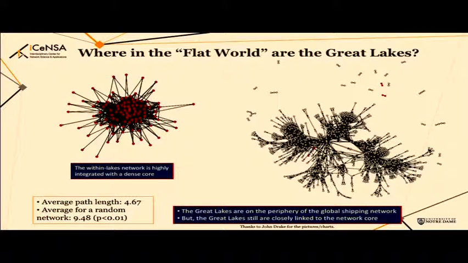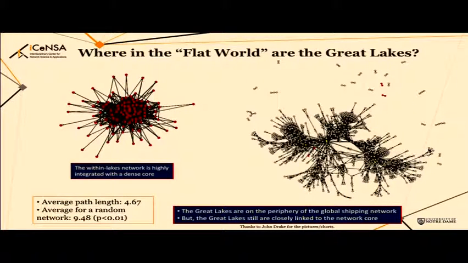So the Kevin Bacon effect of network science holds for the Great Lakes as well. Essentially, as ships are coming from different ports in the world, the 0.1% of the traffic is connected to every other port in the world because of the network effect.